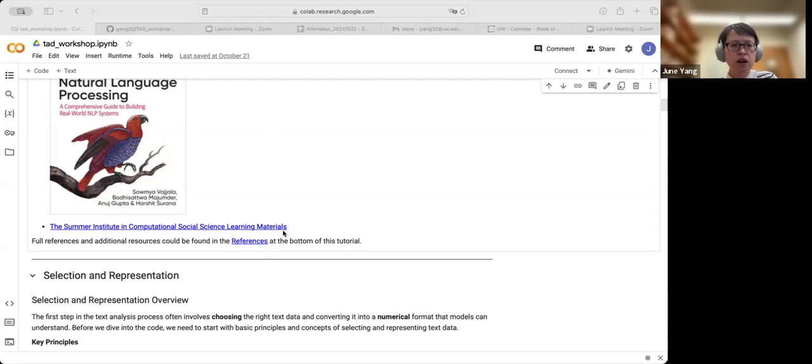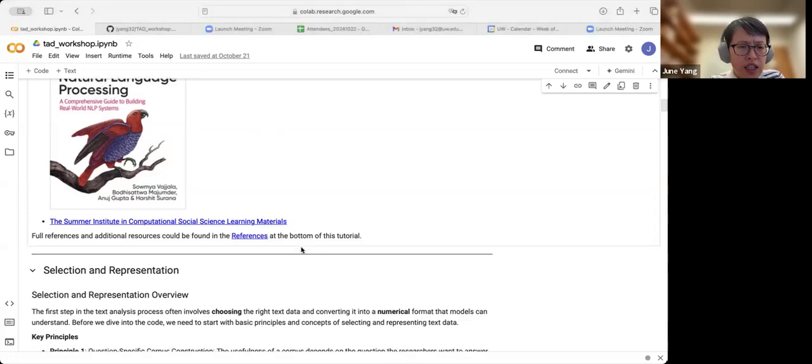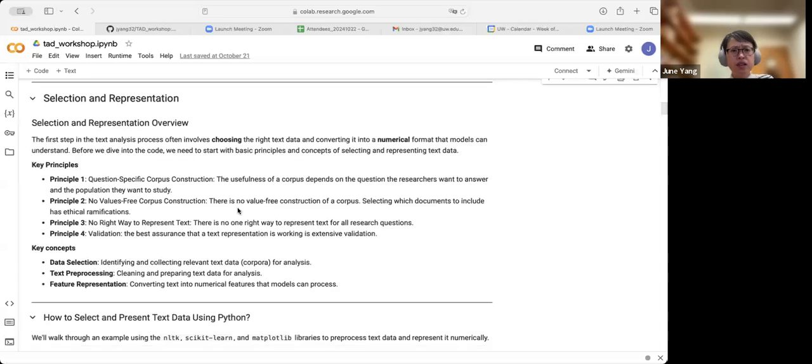Actually, one of our alumni, Connor Gilroy, also taught one of the sections in this Summer Institute of CSS, so I really encourage you to check it out. Additional resources can be found in the reference section of this tutorial.